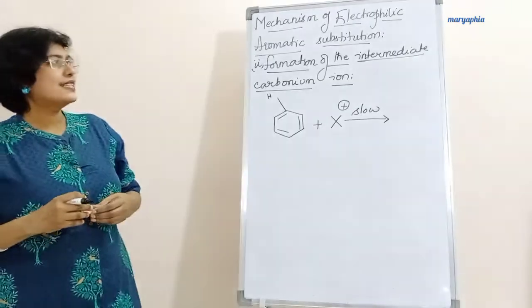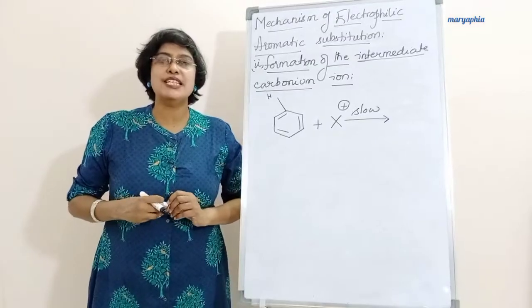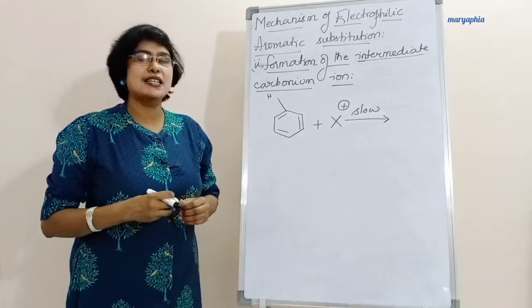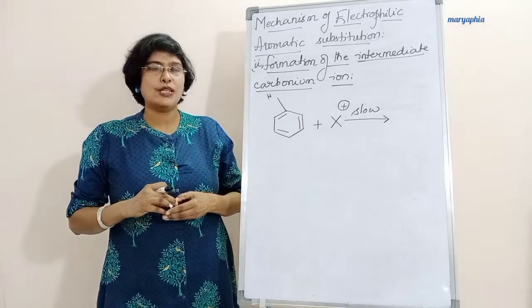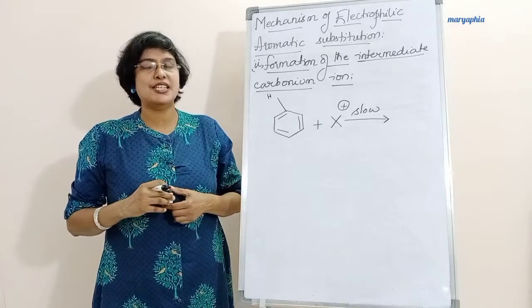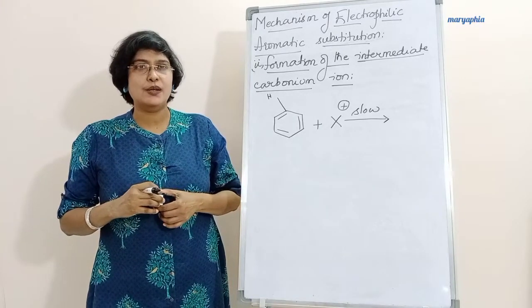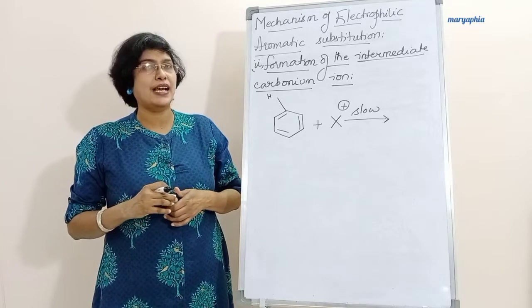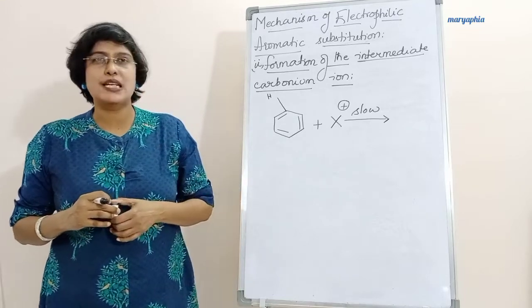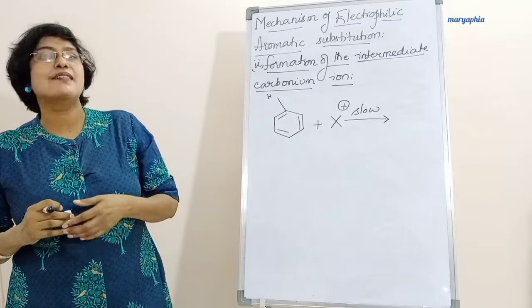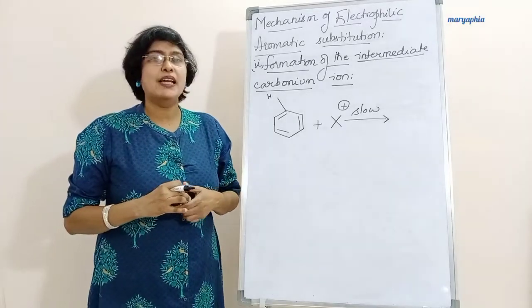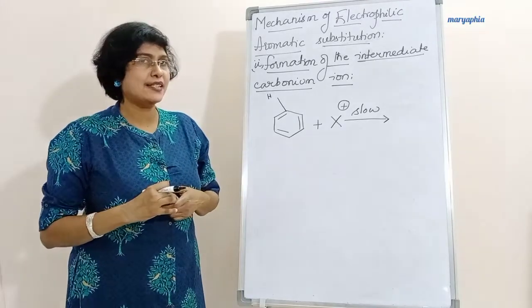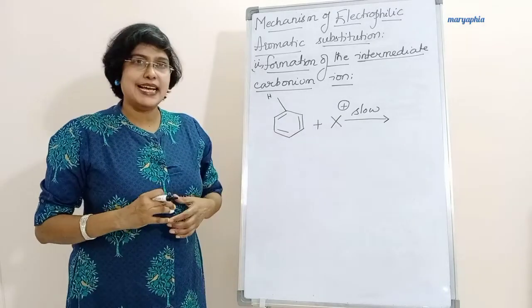So students, the second step is formation of the intermediate carbonium ion. What is the first step? Generation of the electrophile. Once this electrophile is formed, it slowly approaches the benzene ring.